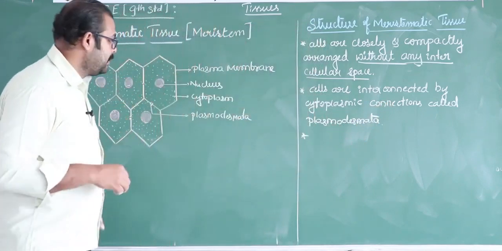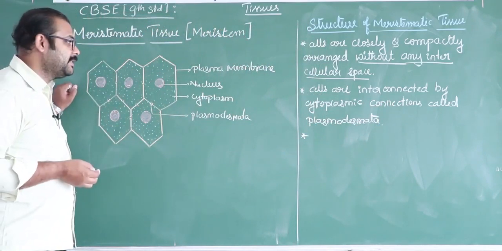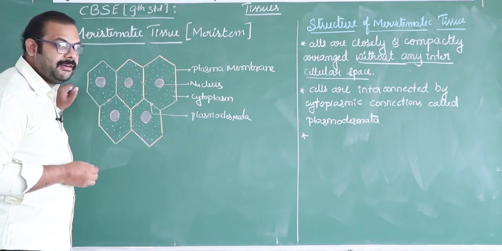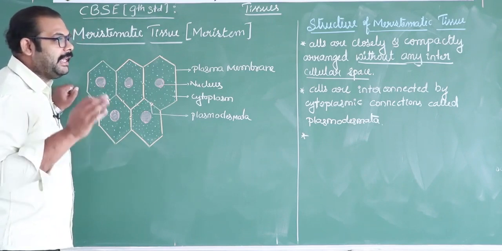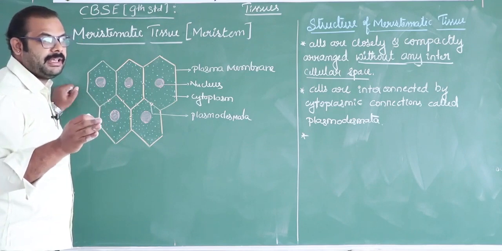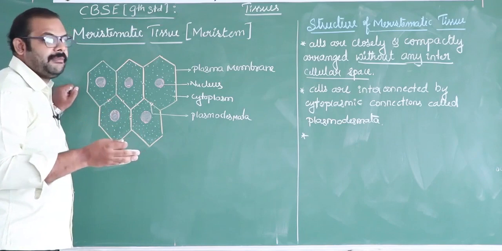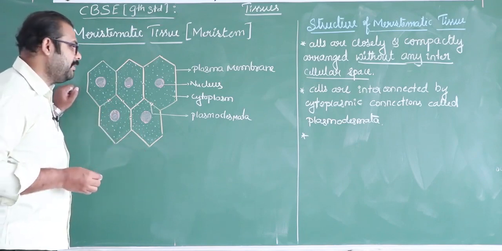And again, the cell is covered by plasma membrane, and the plasma membrane structure we have already discussed in the first topic, fundamentals of life. And we also know that each and every cell is surrounded by a cell wall. Again the cell wall is made up of cellulose. It's common in the case of plant cells.